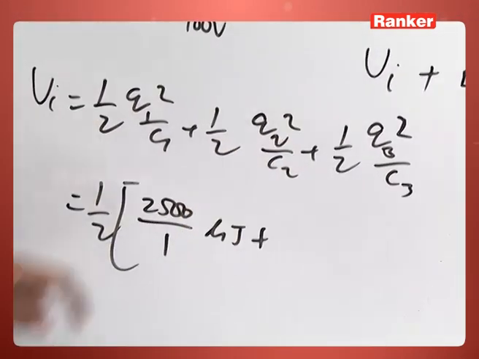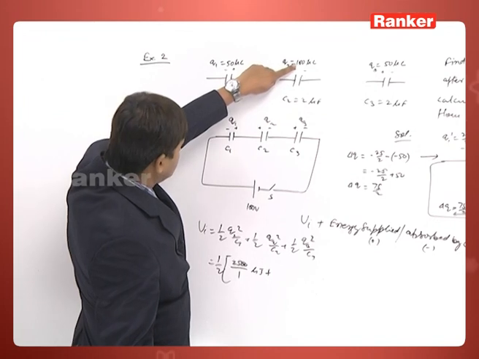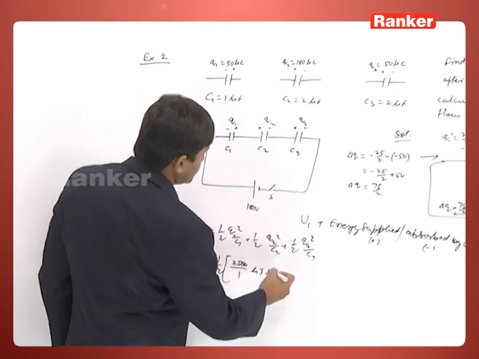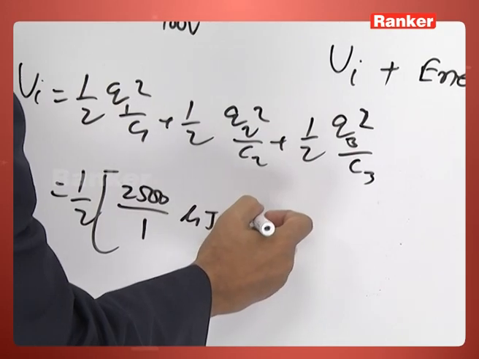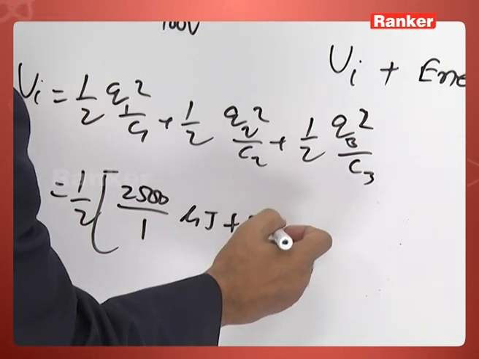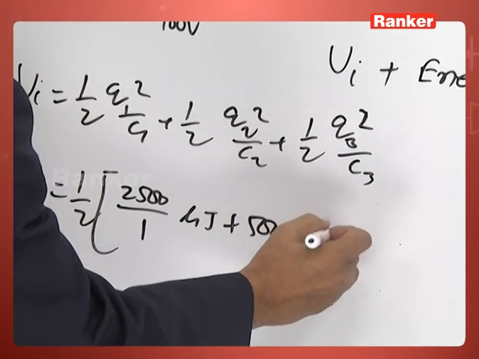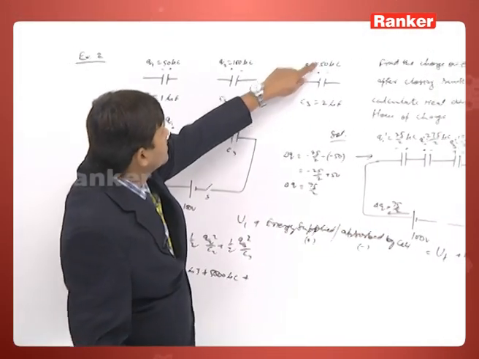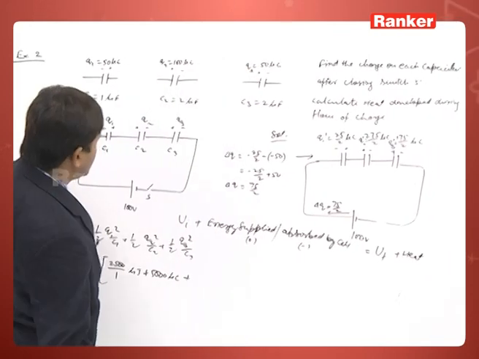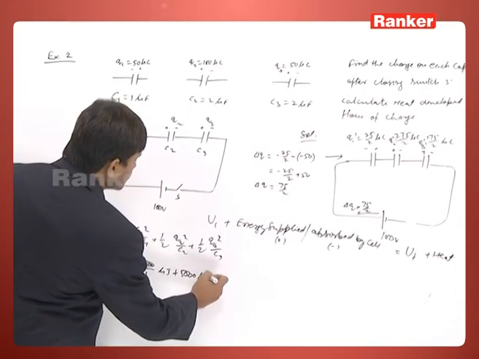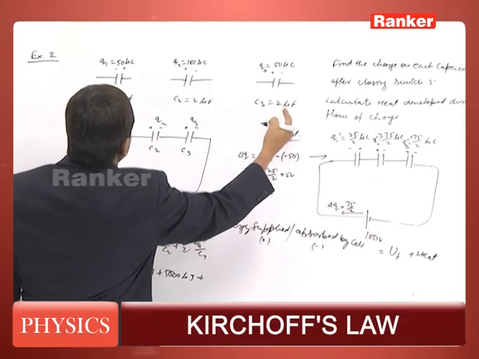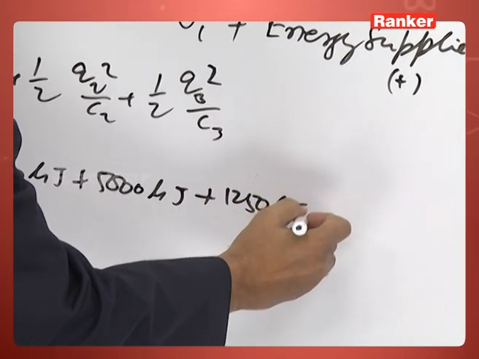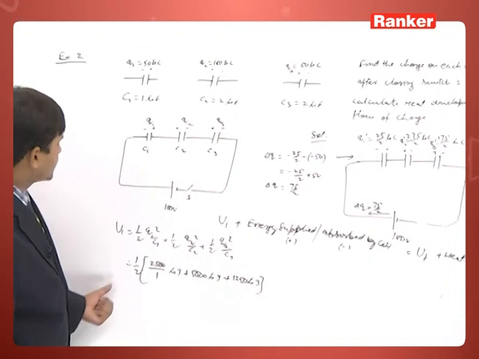Plus Q2 square by C2: Q2 square here is 10,000 by C2 is 2, this is your 5,000 microjoule. Plus Q3 square by C3: Q3 square here 2500 by 2, 1250 microjoule. This is the initial energy.